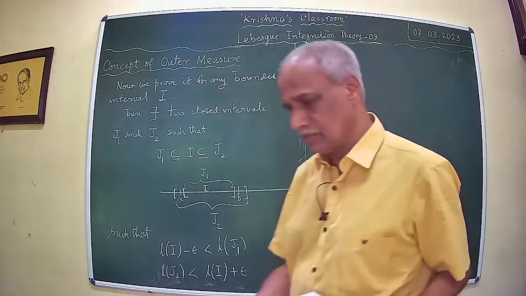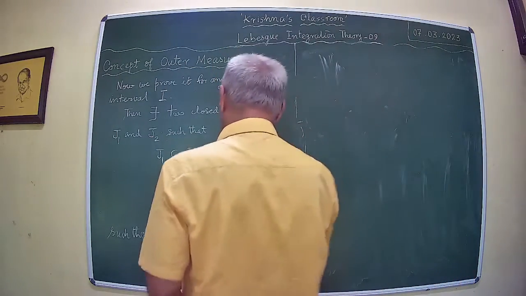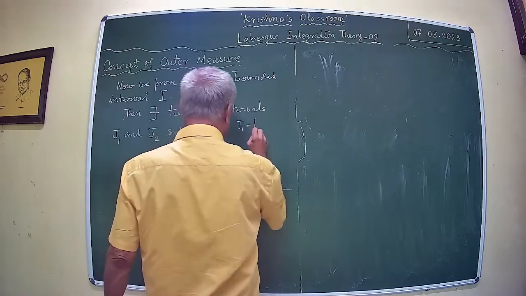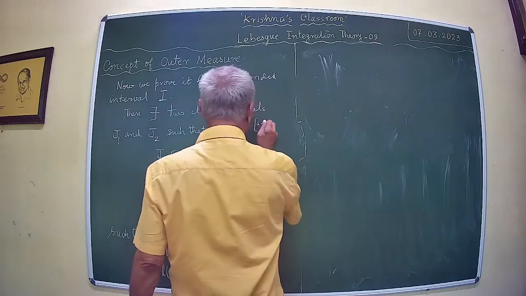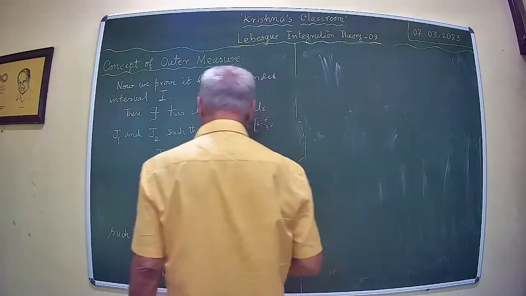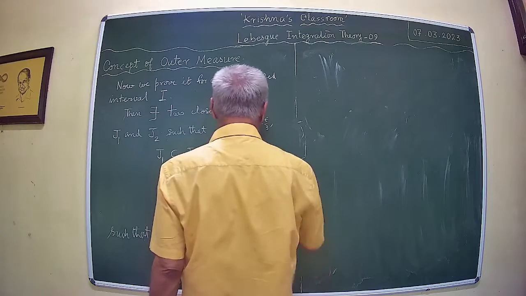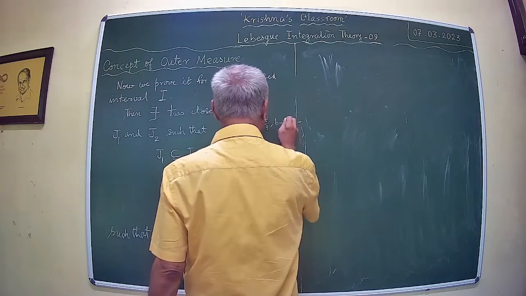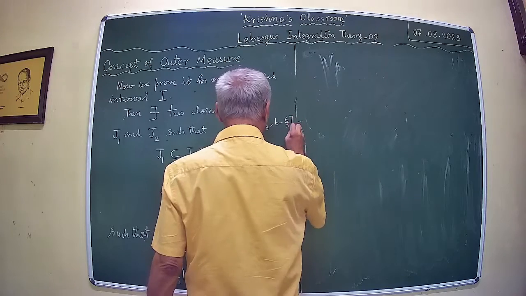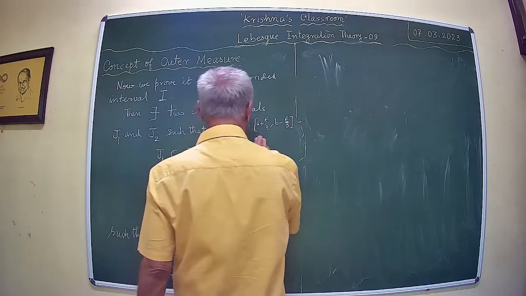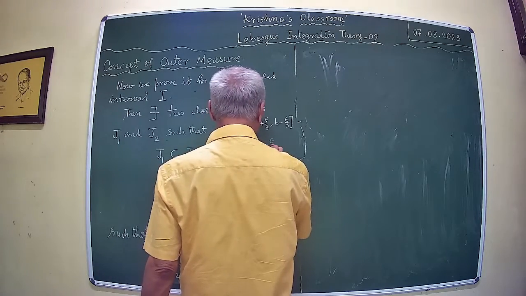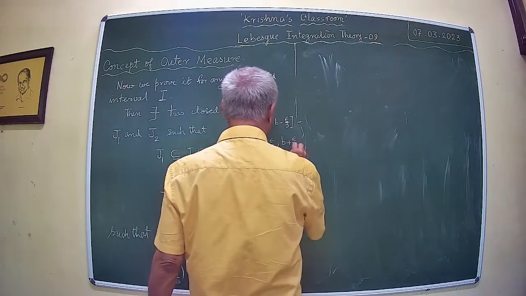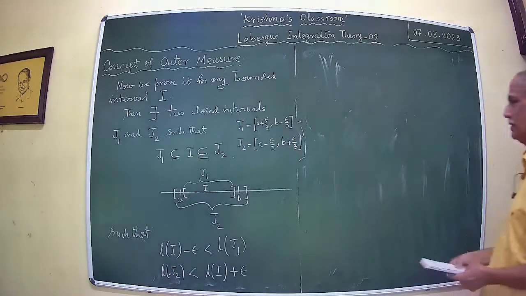We can explicitly write down what this J1 and J2 is. See, for instance, J1 you can write as A minus epsilon by 3 to B plus epsilon by 3, and J2 you write as A minus epsilon by 3 to B plus epsilon by 3, therefore this inequality will then satisfy.